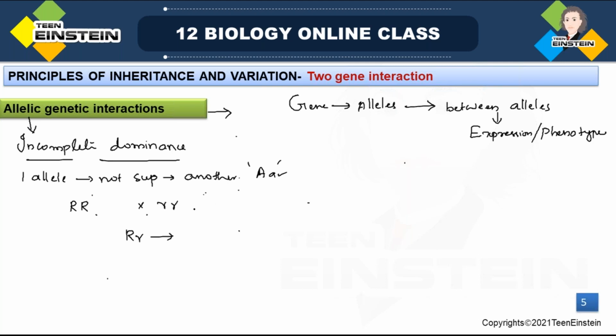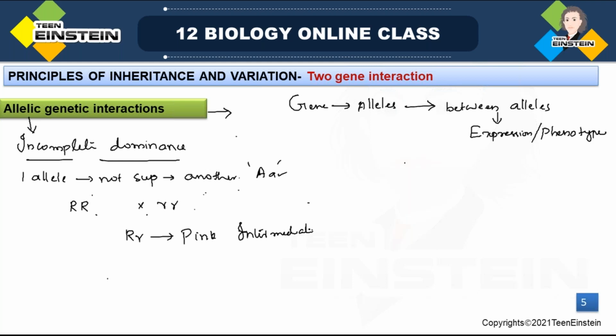Here, red and this is white. But in F1, you will get pink flower. That is the intermediate expression.